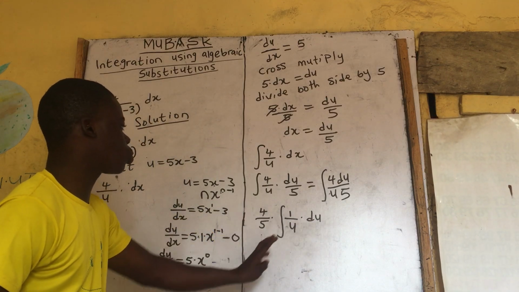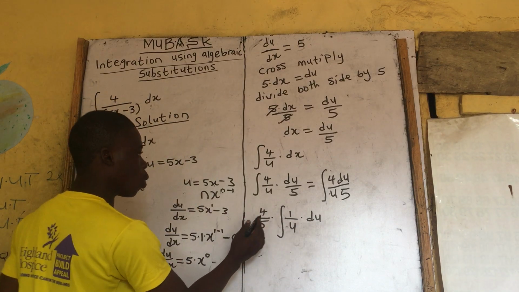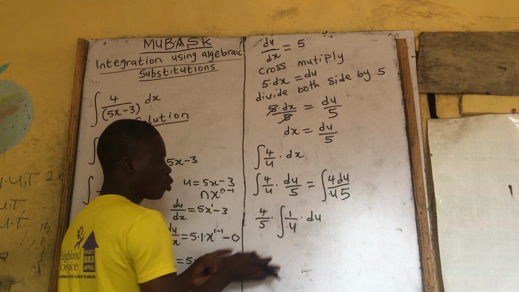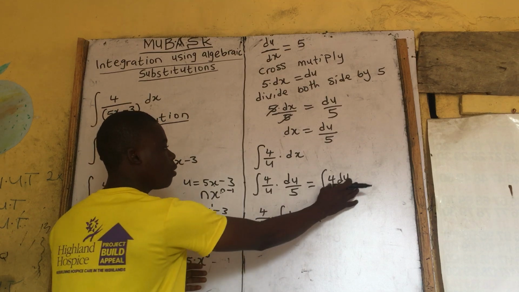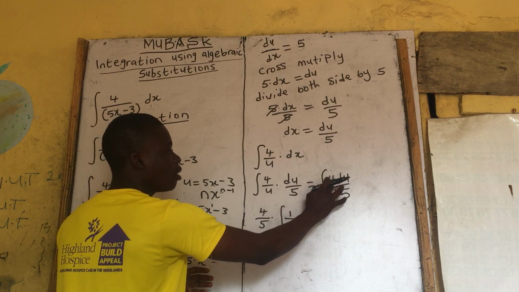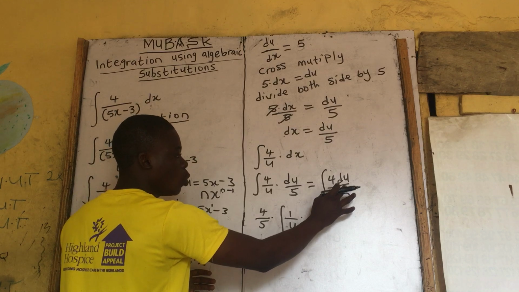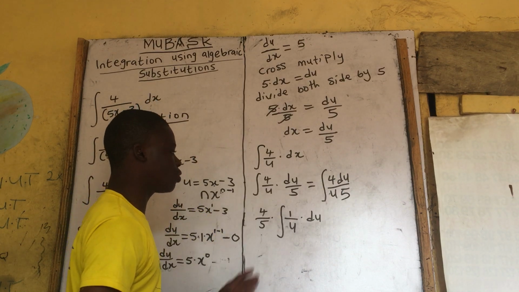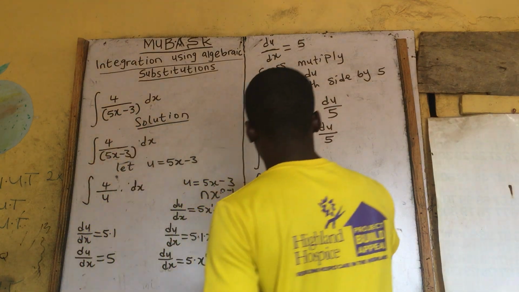It is very simple to integrate like this, since if you multiply the constant by the integral, you get back 4 du divided by 5u.